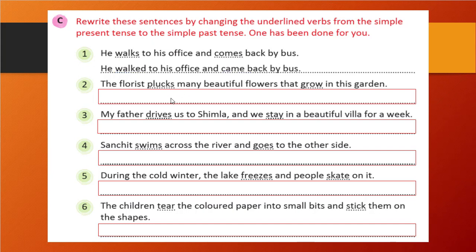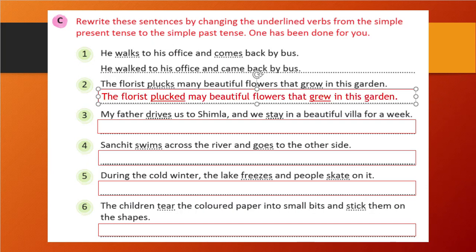So similarly you see the second: the florist plucks many beautiful flowers that grow in the garden. So plucks, past form is plucked. We will use ed at the end. So plucked, and grow's past form is grew, grew. So the florist plucked many beautiful flowers that grew in the garden.